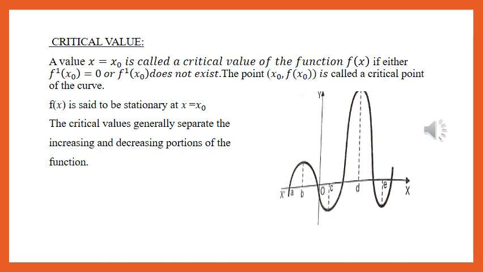Similarly, the point D on the x-axis, the corresponding y value is on the curve. This point separates the function into increasing or decreasing. Similarly, the point E on the x-axis, the corresponding point on the curve separates the curve into increasing and decreasing portions.